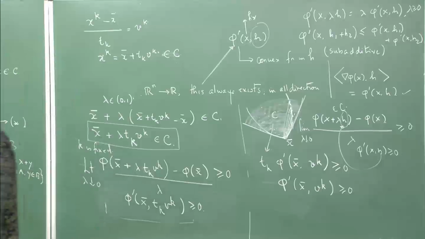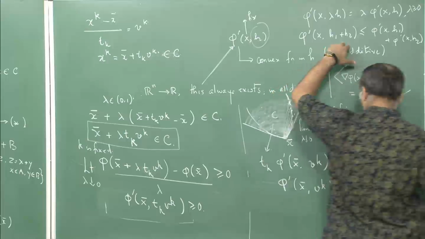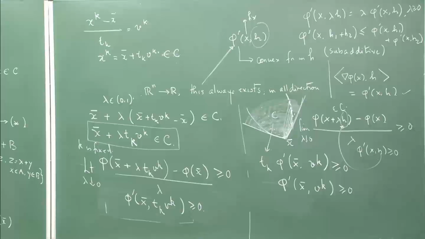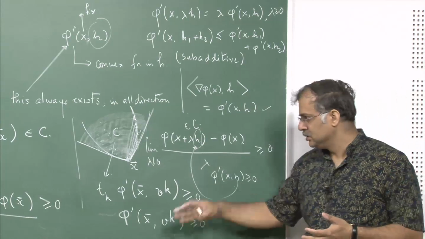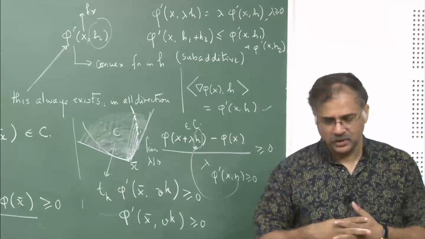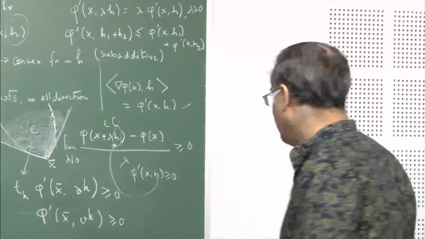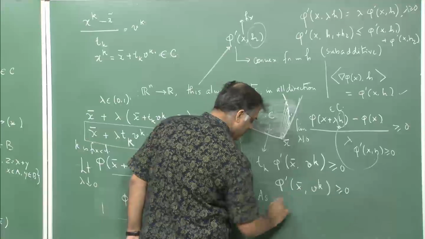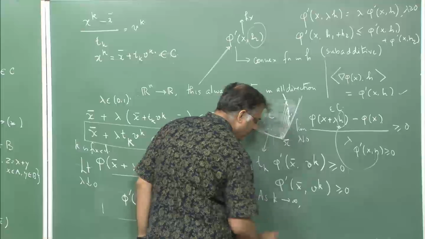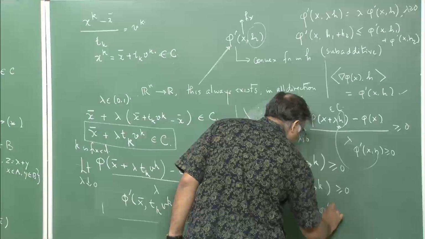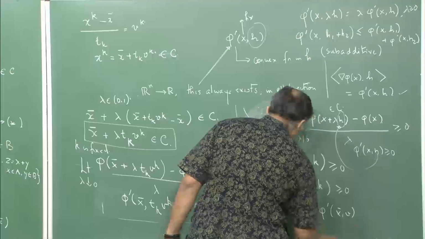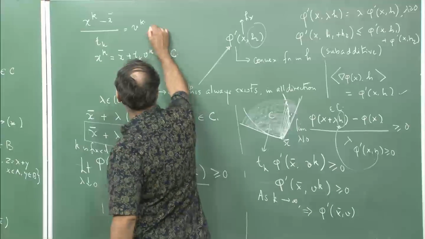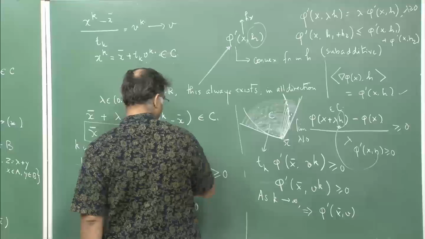Now, for a fixed x bar, this is a convex function in h over the whole of Rn, which means it is a continuous function, because every convex function is continuous over the whole space. So I can take the limit as k tends to infinity and push the limit in by the basic definition of continuity. That implies that phi dash of x bar, v is greater than or equal to 0, because Vk goes to v by the very definition of a tangent cone.